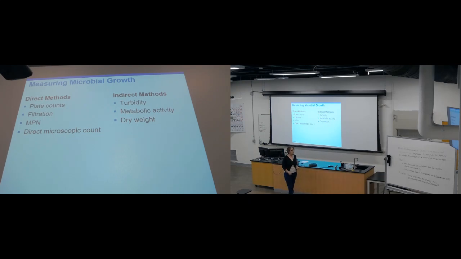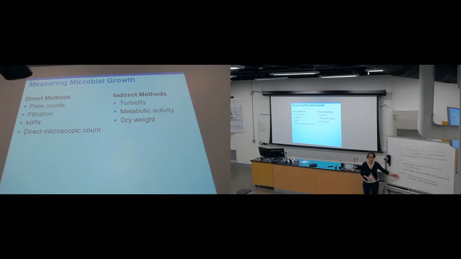Now, most probable number is called that because it's a statistical estimate of what this sample can potentially have. You use it when you suspect that the concentration of bacteria in your sample is too low for direct plate counting, like the previous ones that we did, or when your samples have high levels of solids, like wastewater or soil.